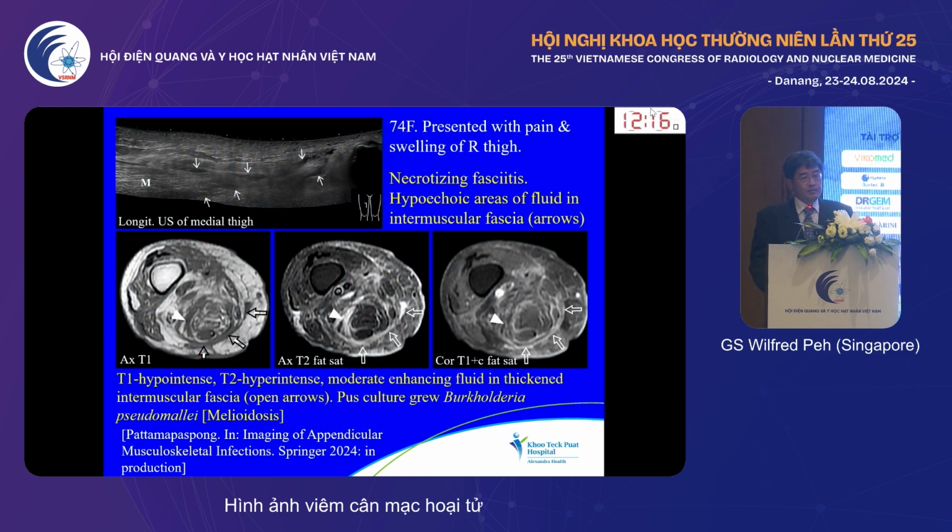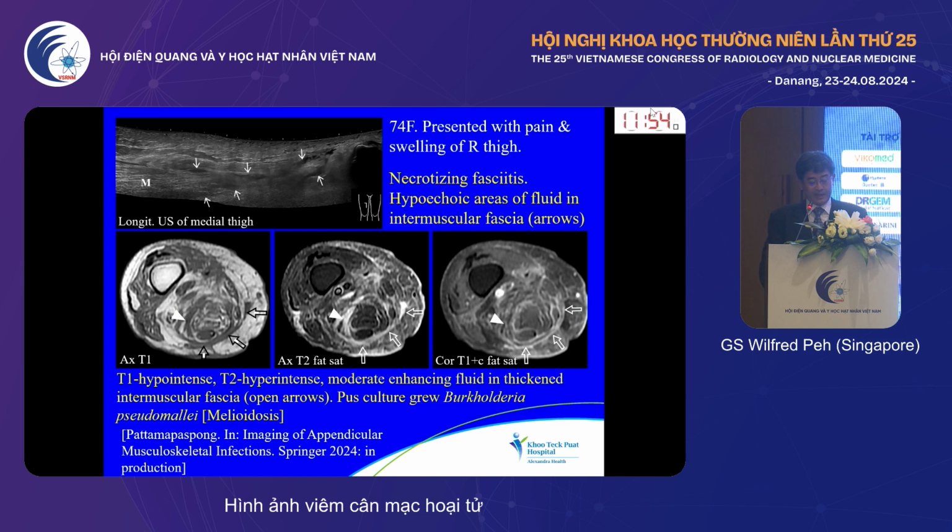Here's an example of a 74-year-old female who presented with pain and swelling of the right thigh. The upper image shows a longitudinal ultrasound. The arrows point to hypoechoic areas of fluid in between the muscles, so this is within the intermuscular fascia.